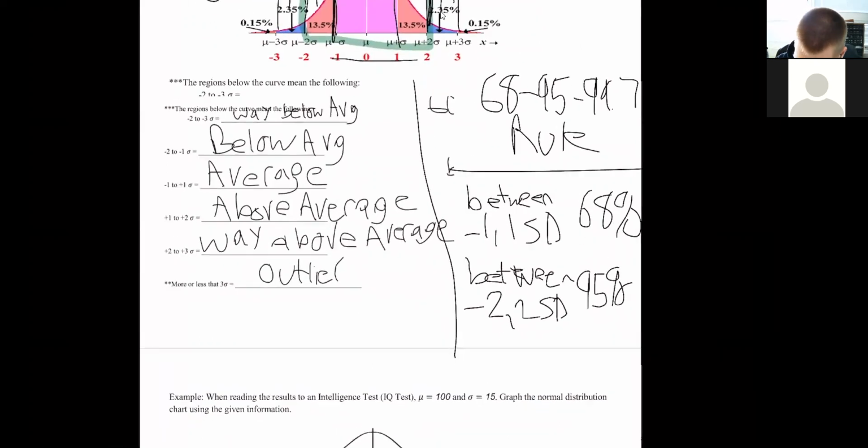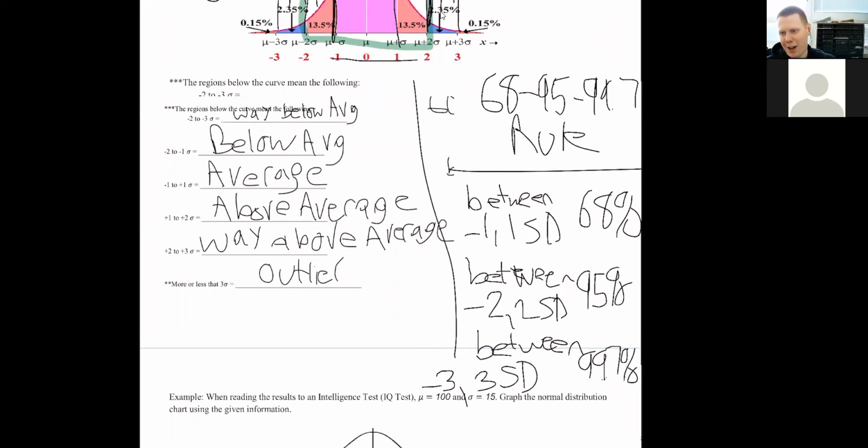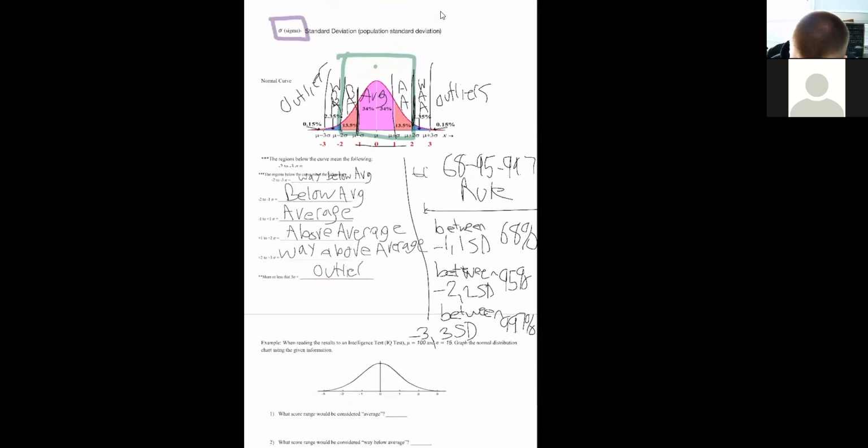And I know this is sloppy. If you're between 3 standard deviations, so between -3 and 3, that's going to be 99.7% of the data. So pretty much all of your data, except extreme outliers, will be between 3 standard deviations. That would be represented from here to here, if that makes sense.